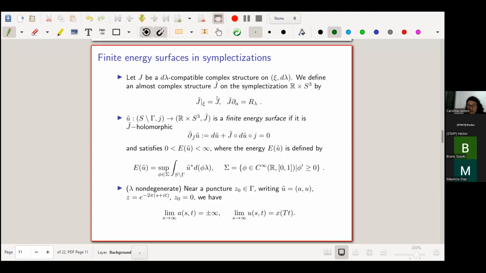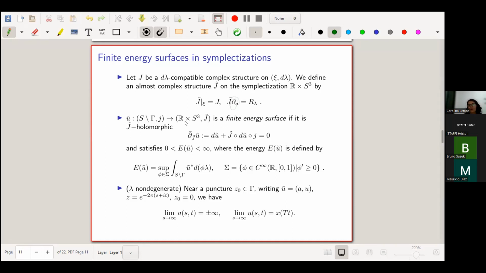When you restrict it to the contact structure, it is the J you started with. When you apply it to the R direction, it gives the Reeb vector field. And of course, I want J squared to be minus identity, so when I apply it to the Reeb field, it will be minus the R direction.